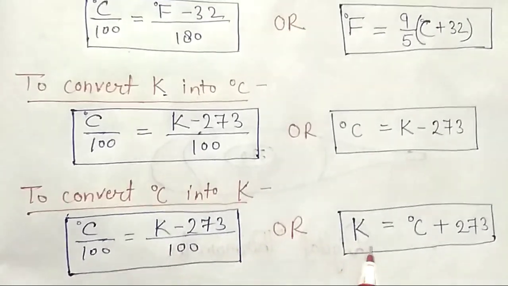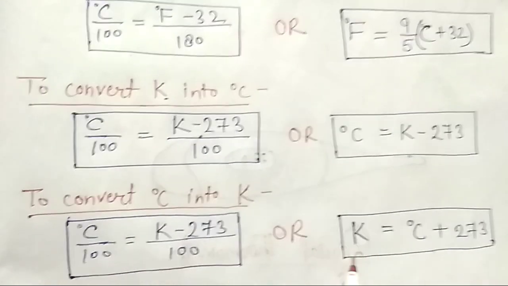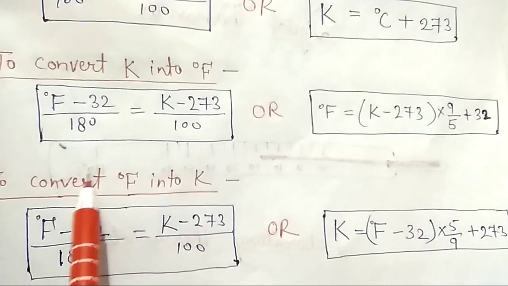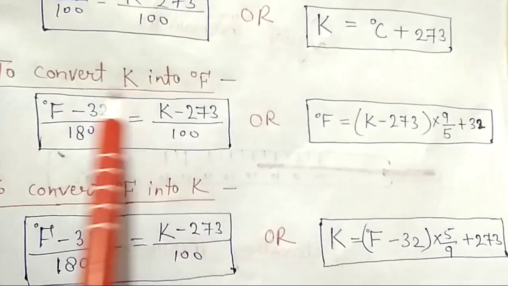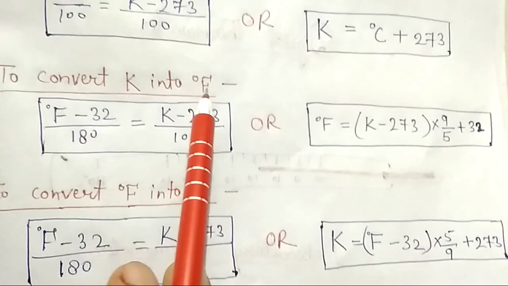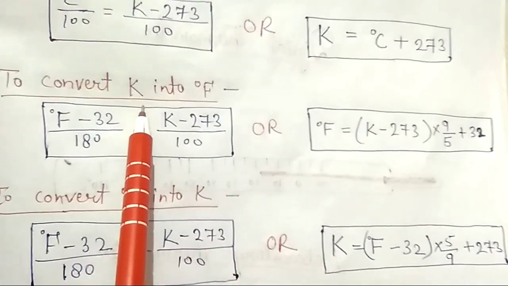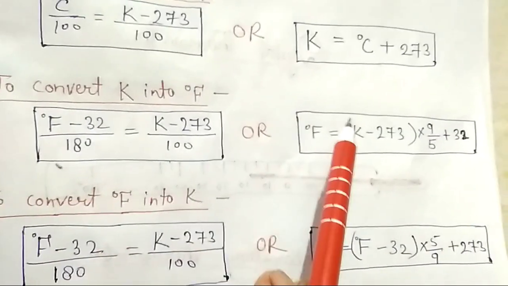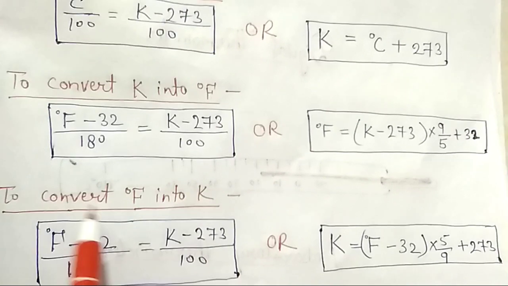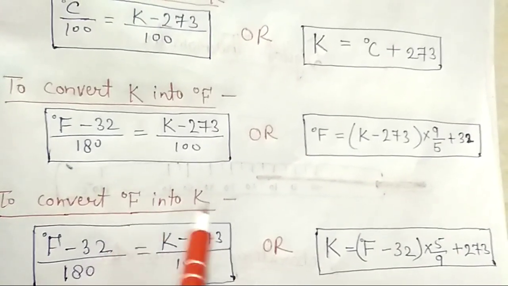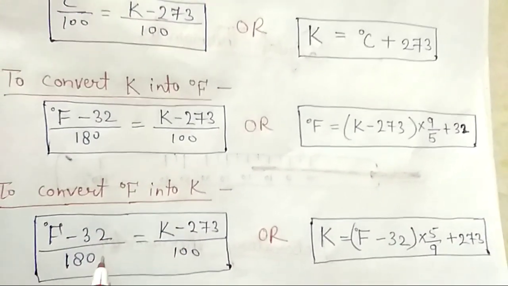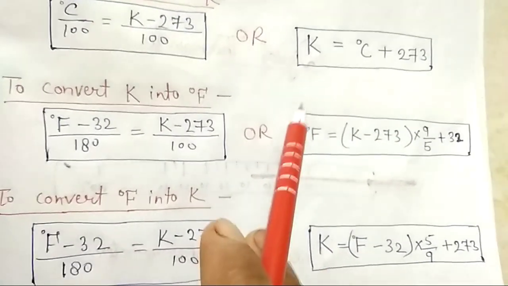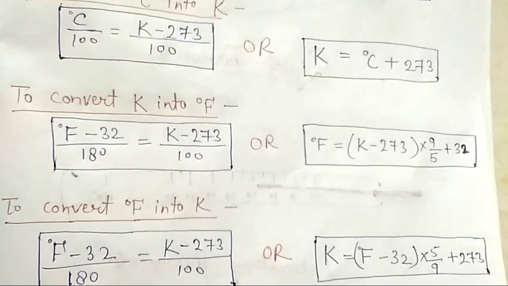We can use any one of them. Here two more formulas are given. If we want to find the value in degree Fahrenheit and the Kelvin value is given, we can use this formula, otherwise this. And to convert degree Fahrenheit to Kelvin, we can use this or this. All these formulas are derived from the upper formula.